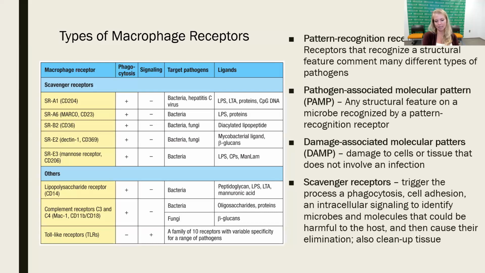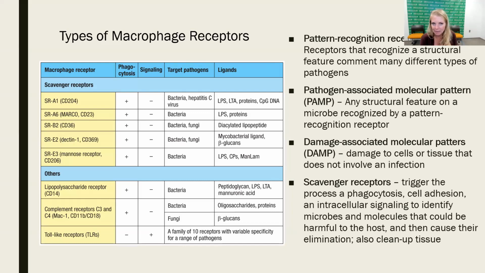And then the scavenger receptors are going to be very important in phagocytosis, because they're going to clean up dead debris, anything that is in the tissue that just needs to be removed and then recycled. So it can eliminate and clean up, but those are going to recognize patterns, is really what the ligands are.